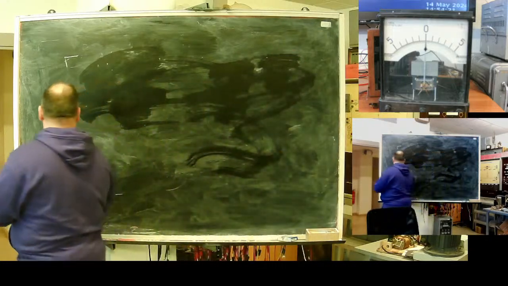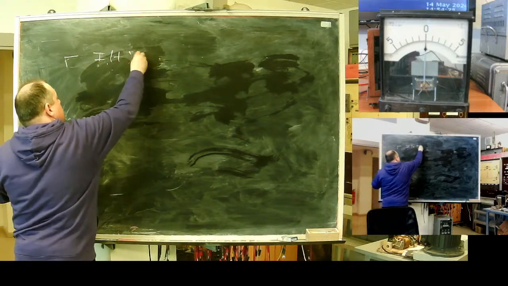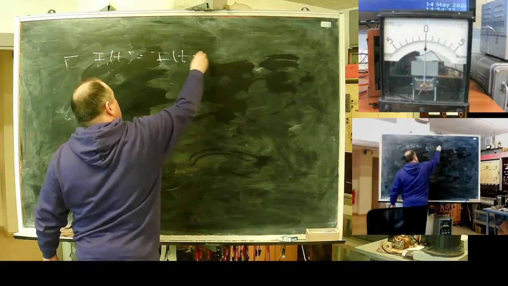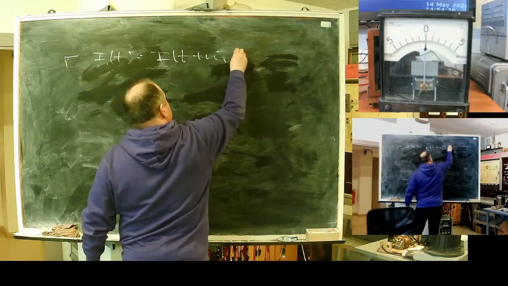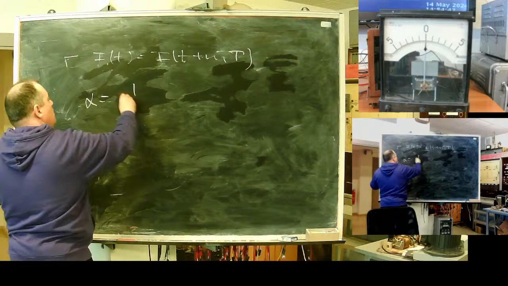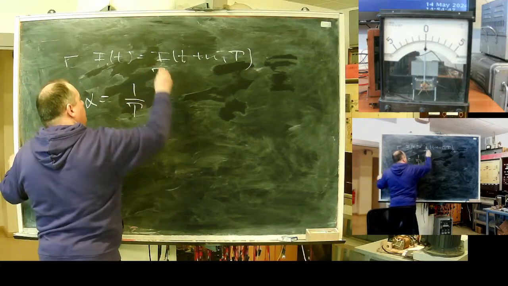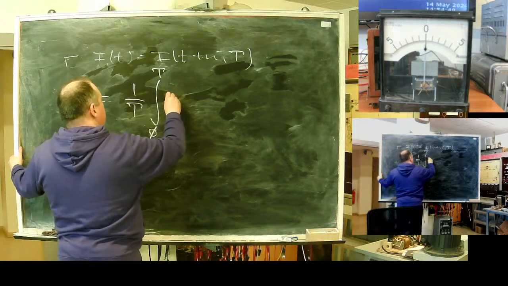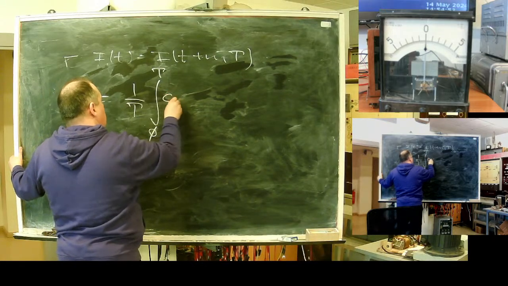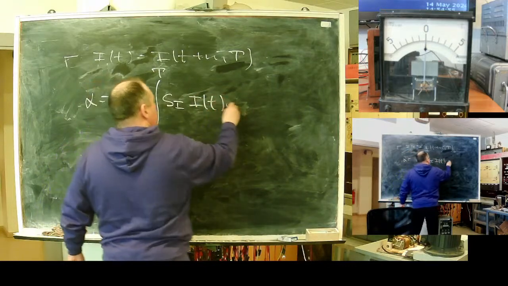If I have a periodic signal, so if the current is periodic, I will get alpha as the average, a constant times 1 over time.